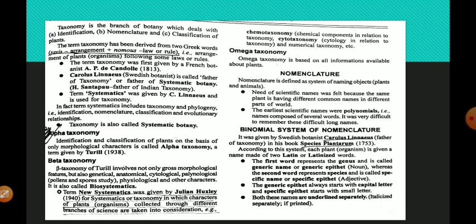Why is nomenclature needed? Suppose a mango tree is found in India, basically in the tropical region.